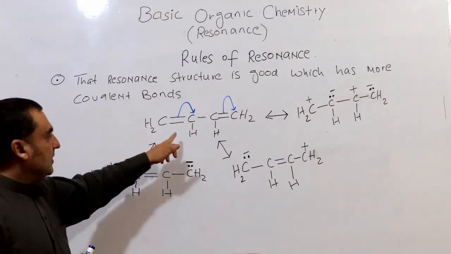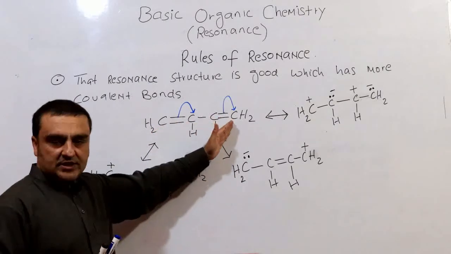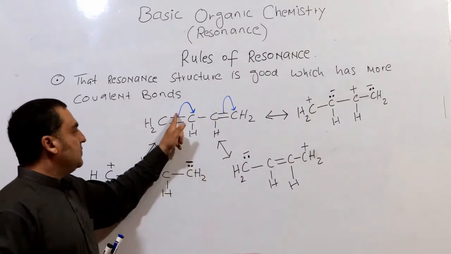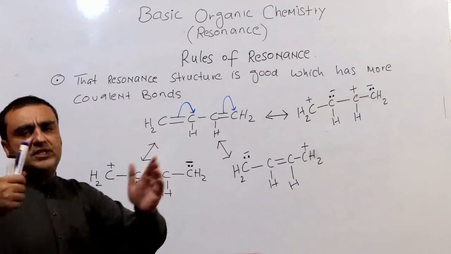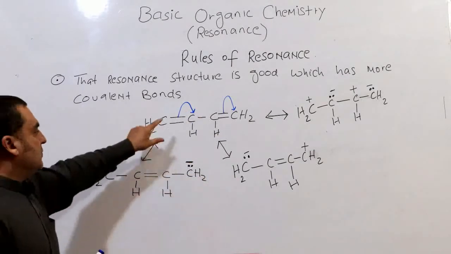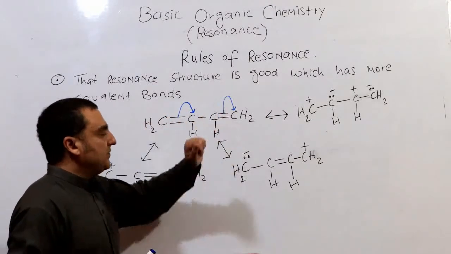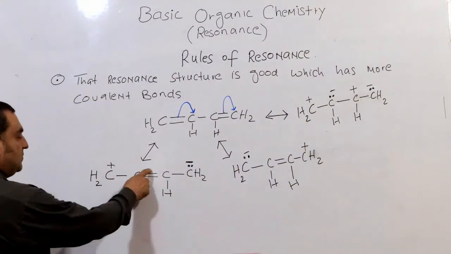So as you see, this molecule has many covalent bonds. 1, 2, 3, 4, 5. We should not count those with the CH, the hydrogen, because all of them have those. So 1, 2, 3, 4, 5. It has 1, 2 and 3. This has 1, 2, 3, 4.